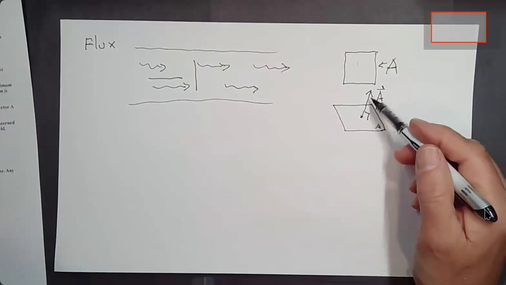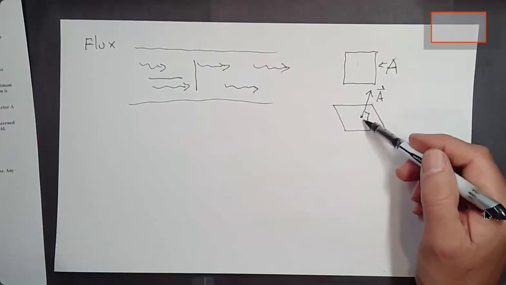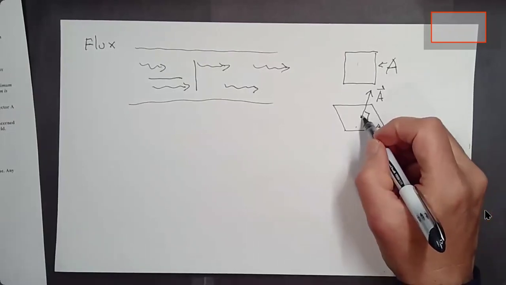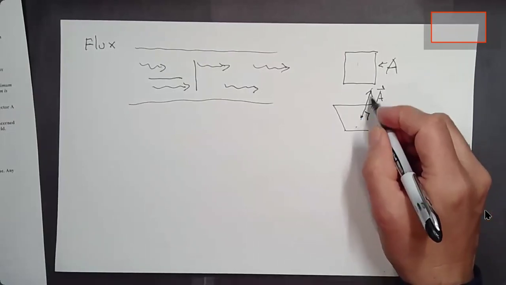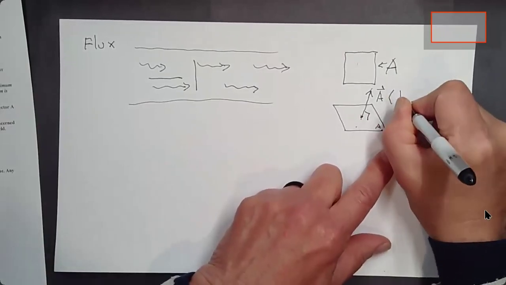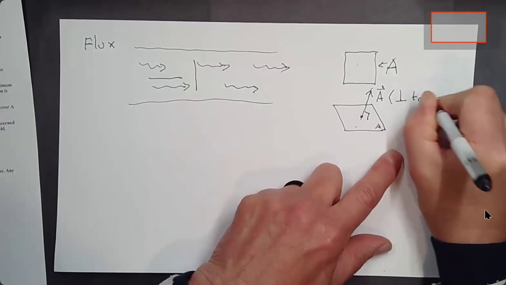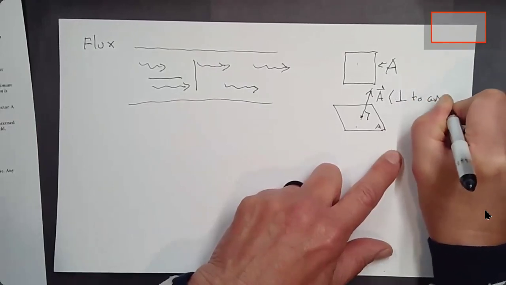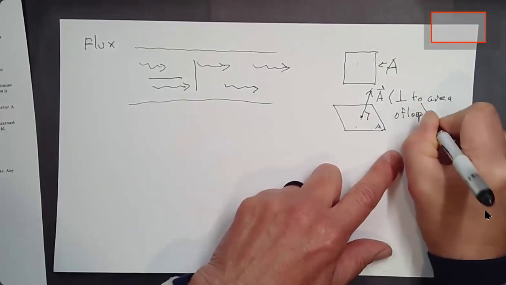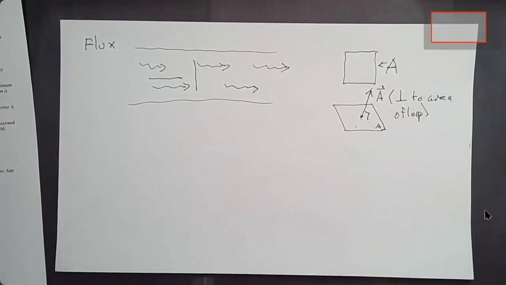So the magnitude of the vector is not a length in this case, it's something equal to the area, but the direction of the vector is perpendicular to the surface. So this is perpendicular to the area of the loop.